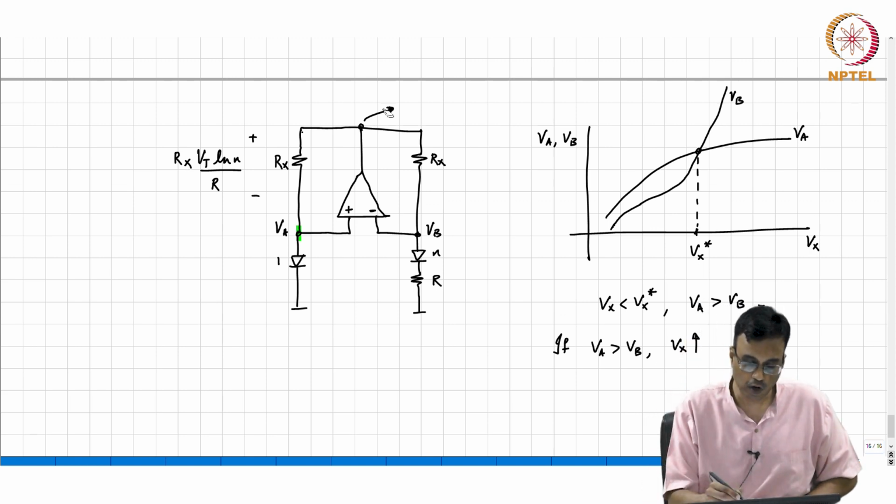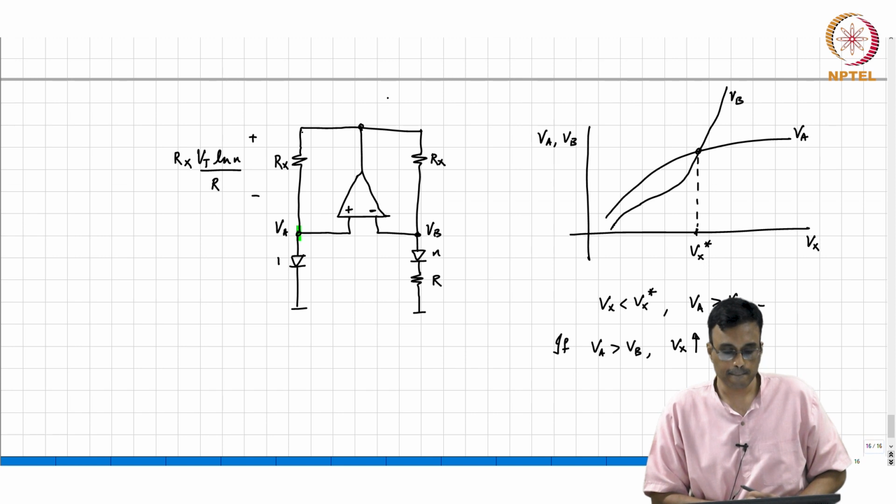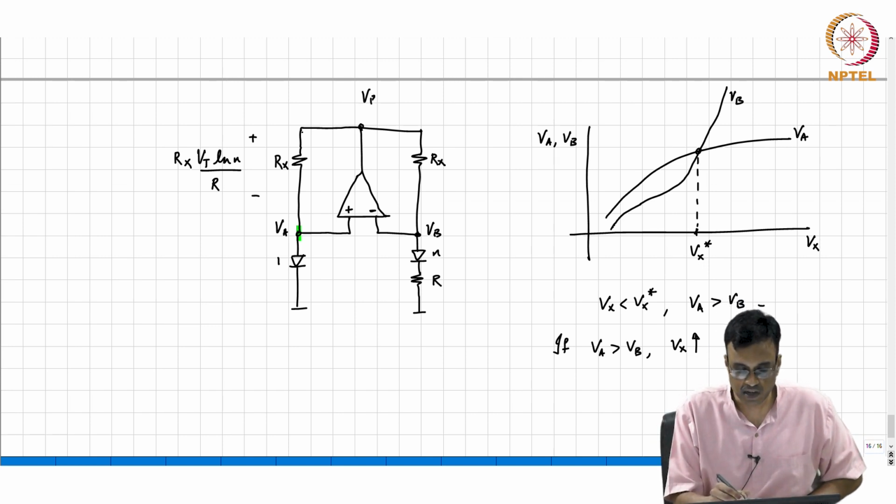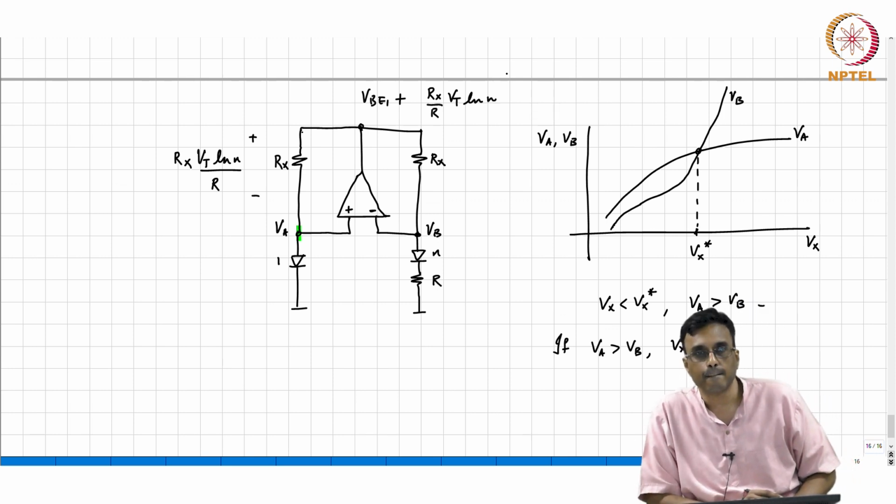Okay. So what is the output voltage? Vb1 plus Rx by R Vt ln N.